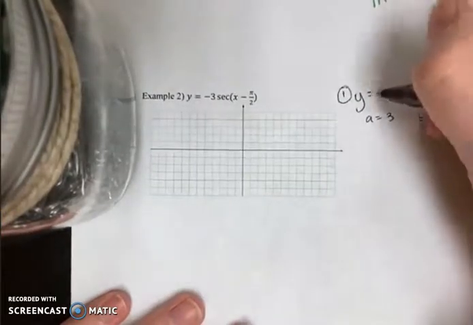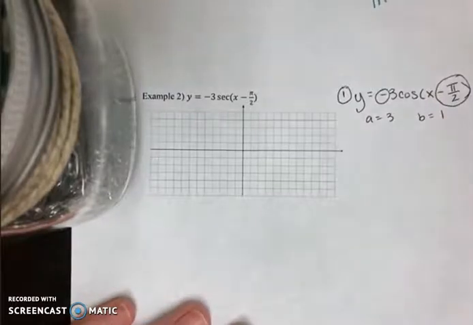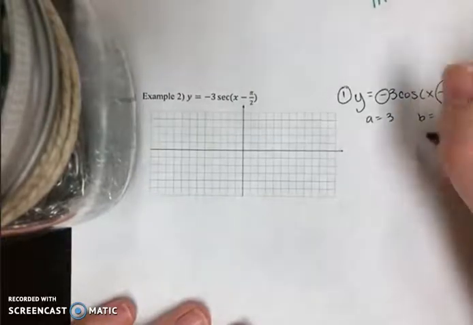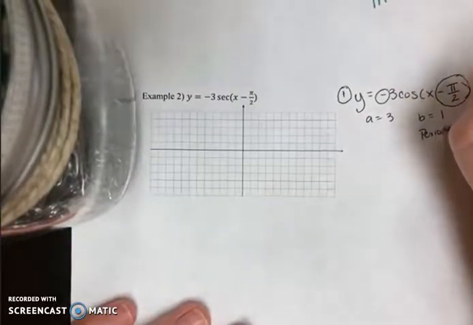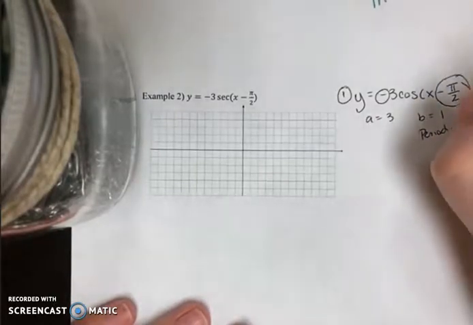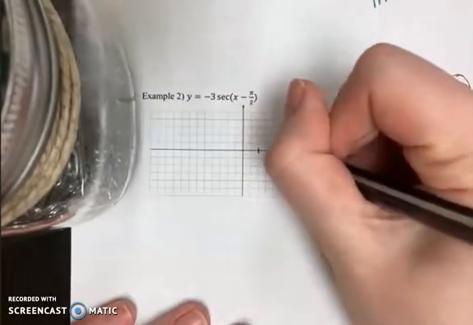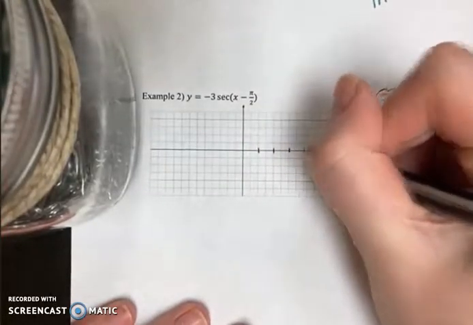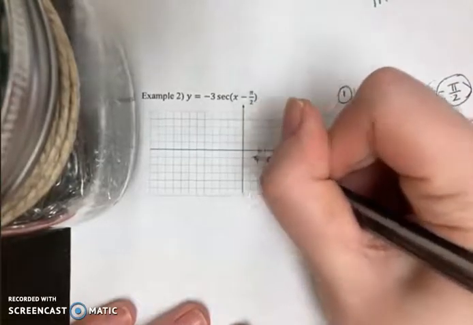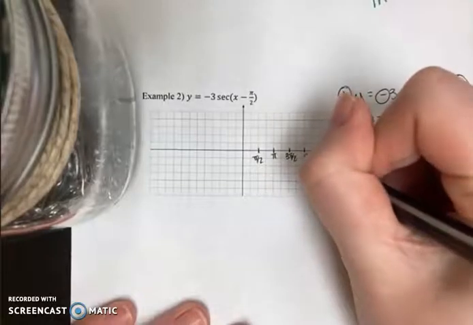So I'm saving the reflection and the h value for later. Remember, the b value helps us get the period, which is 2 pi over the absolute value of, in this case, 1. So the period's going to be 2 pi. That's going to help us label our scale. 1/4, 1/2, 3/4, and full.